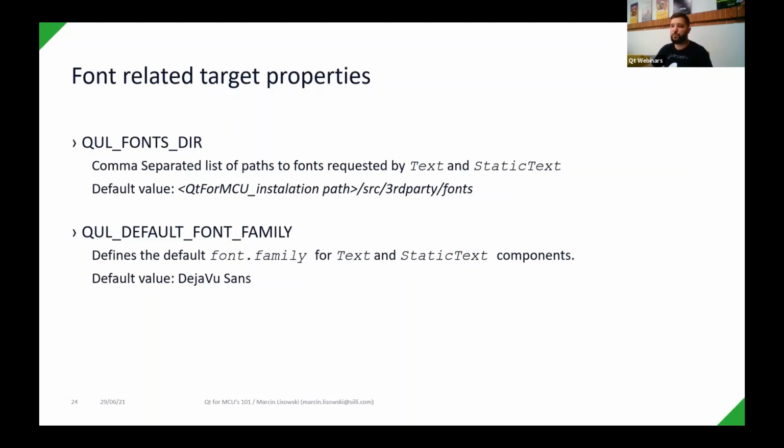And Qt default font family defines the default font family for the whole application. And by using this argument, you're able to change the fonts for the whole application globally instead of modifying each font.family property for text or the static text components. By default, it's DejaVu Sans.